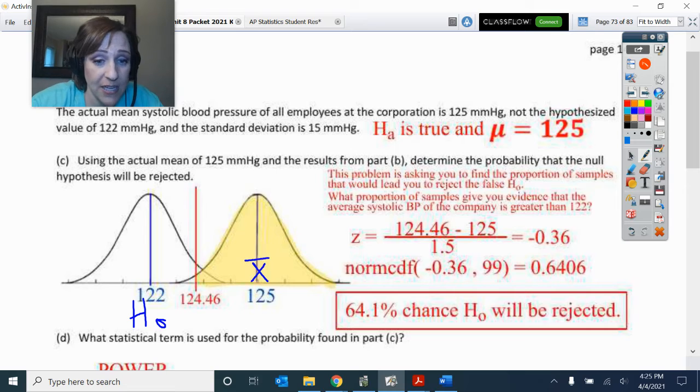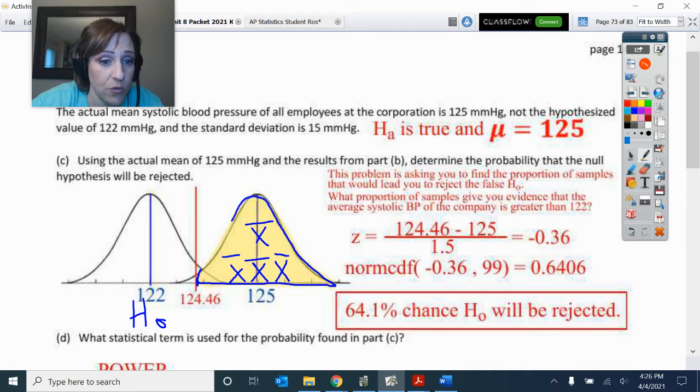Our samples are really centered here. And we know that according to our test, anything greater than 124.46 would lead us to reject the null hypothesis. Okay, so that's what the question says.